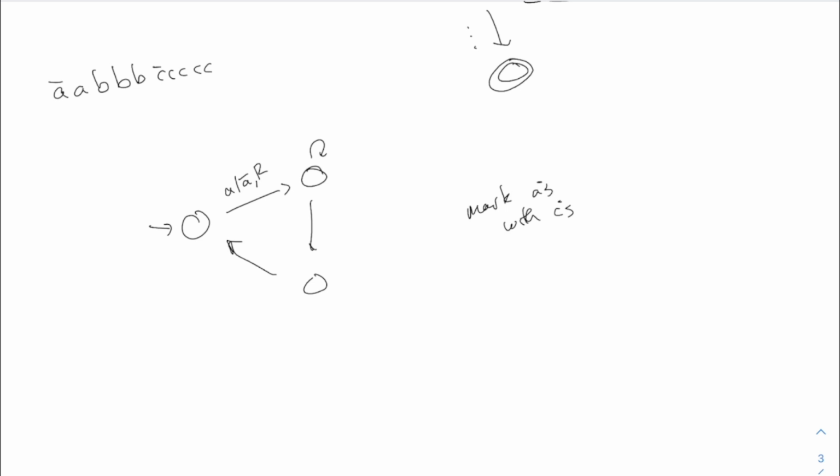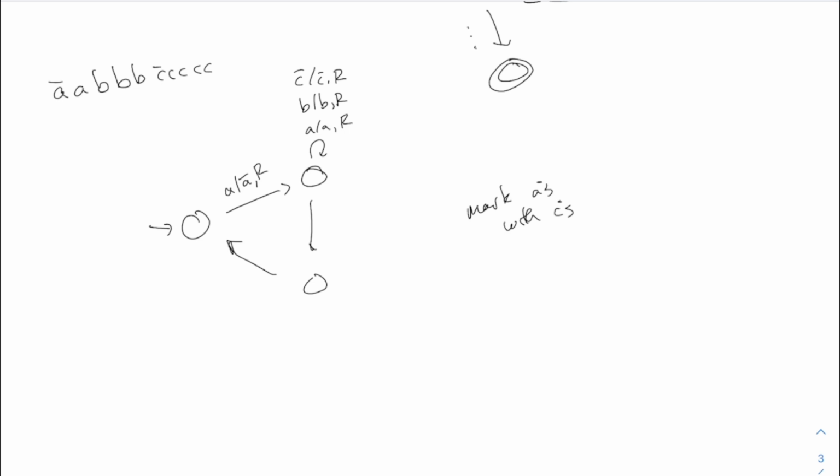After marking the first A, you need to move to the right to find the first C. As you're moving to the right, you will go past other unmarked A's, so I'm going to put AAR. I'm imagining, what do I have to go past in order to make it to this C? I also will go past some unmarked B's. That's a BBR. And I also might go through some C bars.